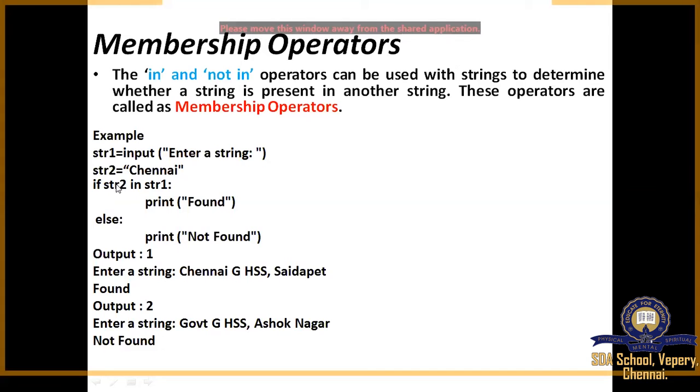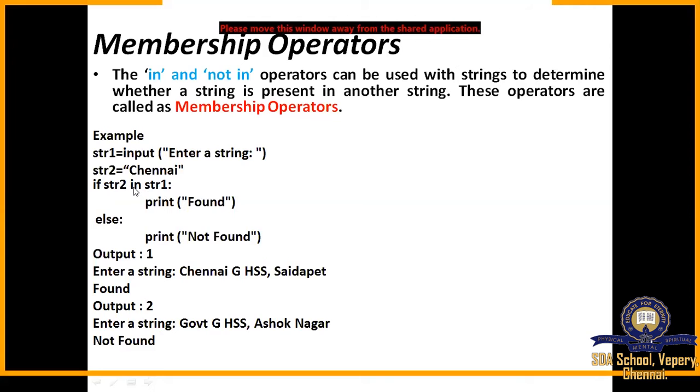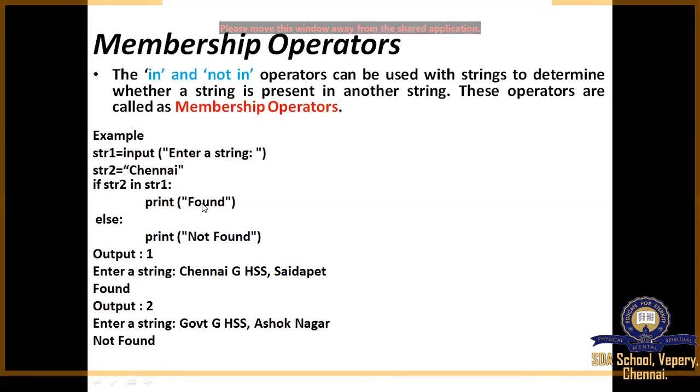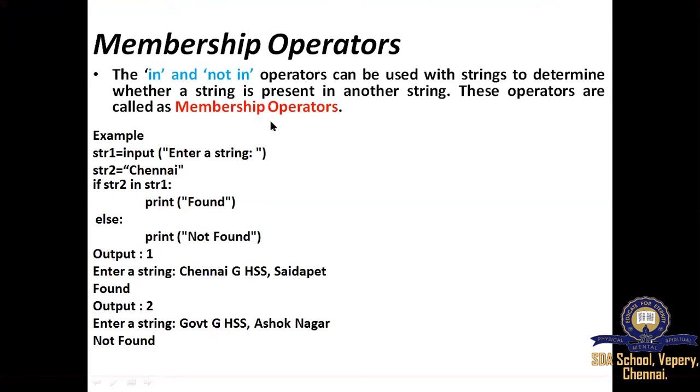If str2 in str1. Just now I said you in is a membership operator. What does this membership operator do? It determines whether the string is present in another string. In str2 we have a string called Chennai. Whether the same string Chennai is present in the first string. If it is present, we will get the message found. If it is not present, we will get the message not found. Clear?